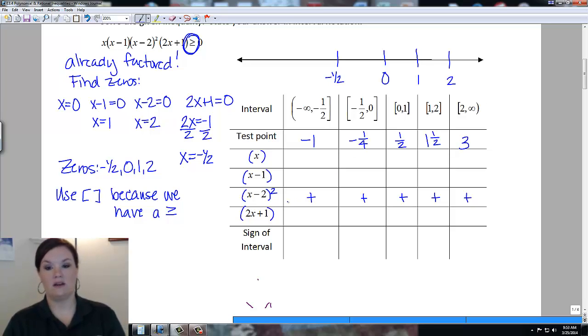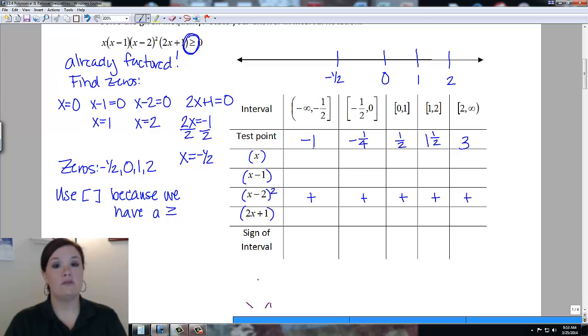When I plug in -1/4, -1/4 minus 2 is negative, but when I square it is positive, okay? So if you see that you have a squared factor, or a factor that's like to the 4th or to the 6th or any even multiplicity, no matter what we plug in, it should have a positive output, okay? But I'm going to go ahead and show you each one.